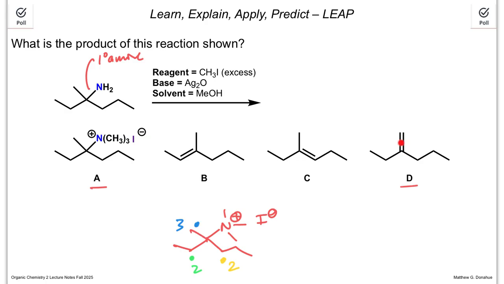So that's going to get us D. Another way to look at it, if we classify the alkene products, we want the least substituted one.